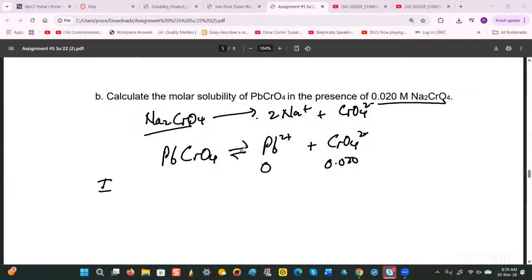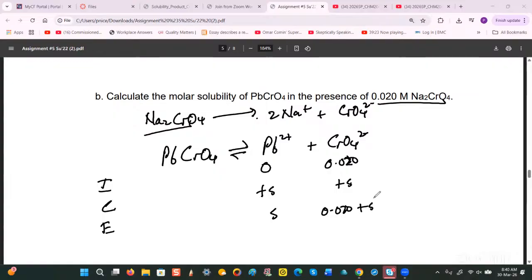So that's one difference between the previous question and this one, because now we're initially having a concentration of 0.020 M. The change here, if S is the solubility of the lead 2 chromate, is going to be plus S here and plus S here, right? So at equilibrium, you're going to have S, and here you're going to have 0.020 plus S.